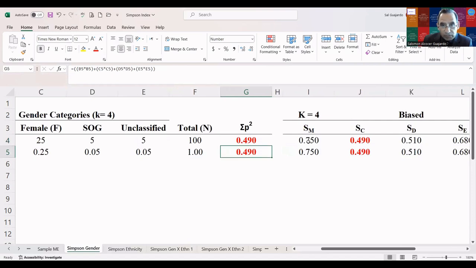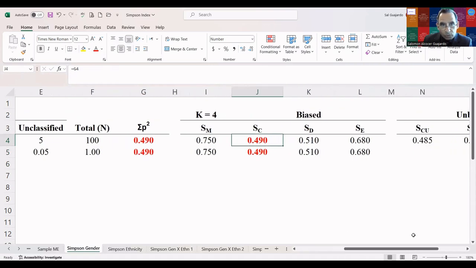Now to calculate the maximum score, remember it's going to be the number of categories or groups minus 1, divided by the total number of categories. So here it is 4 minus 1, which is 3, divided by 4, which is 0.75. Again, I already calculated the concentration score, which is 0.49, and here's the reference, G4.